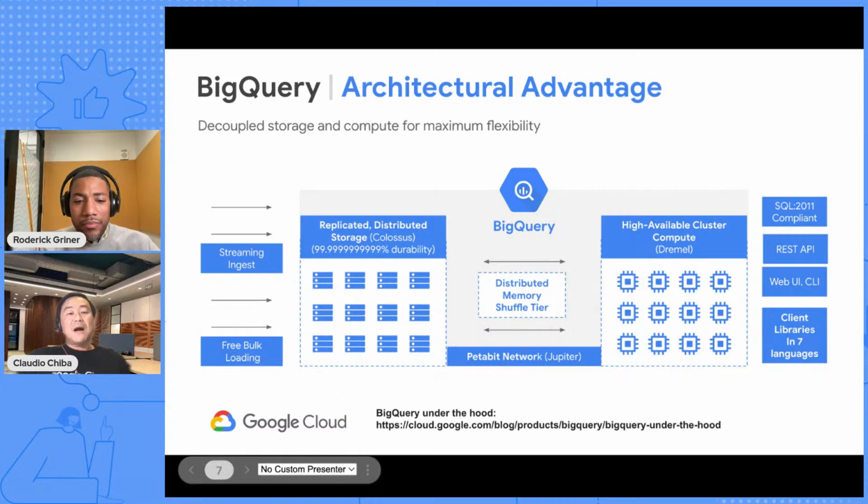The files are actually saved at the persistence layer of BigQuery, which is provided by Colossus. For the compute engine, BQ uses Dremel, the query engine.